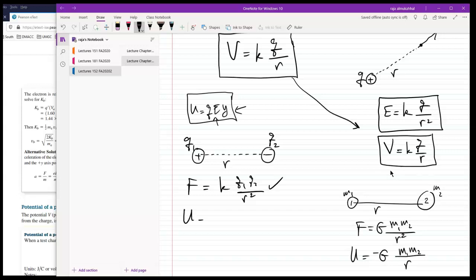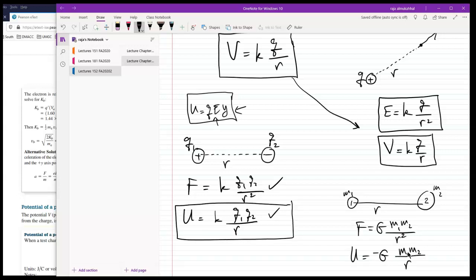And we have an electrostatic potential energy, analogous to the gravitational potential energy here. And that's equal to K, same thing, the product of the two charges divided by their distance in linear way. Excuse me, there is no square here. Okay, and there we go. So this is called the electrostatic potential energy.